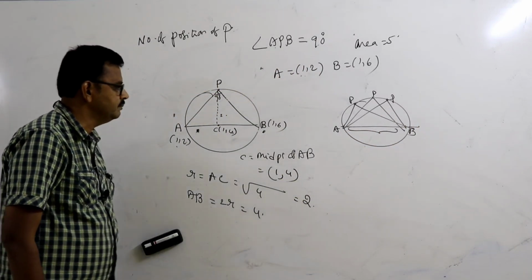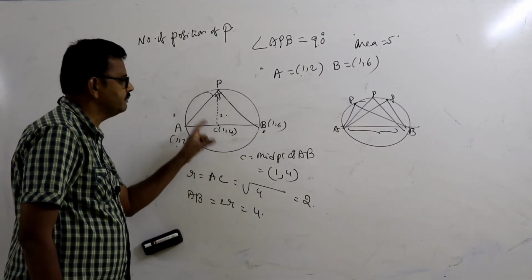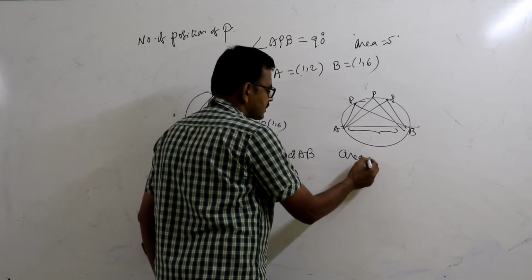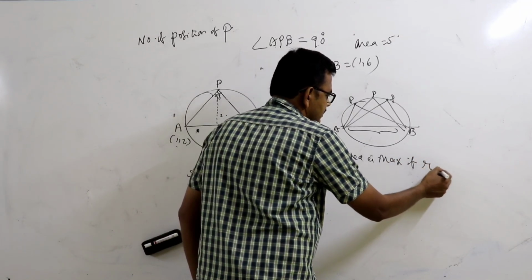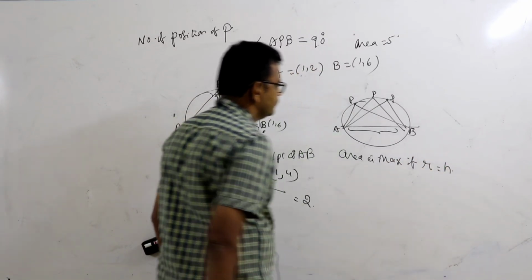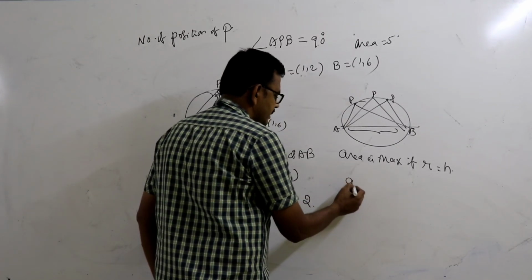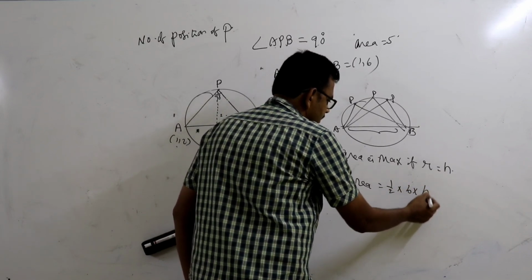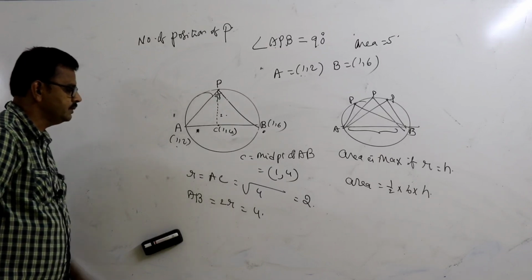Area is maximum if height is equal to radius. Area of triangle is half into base into height.